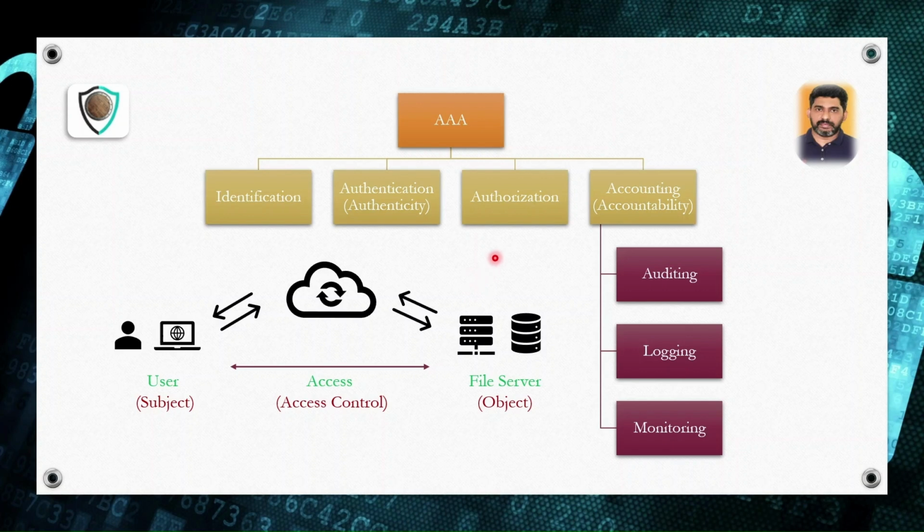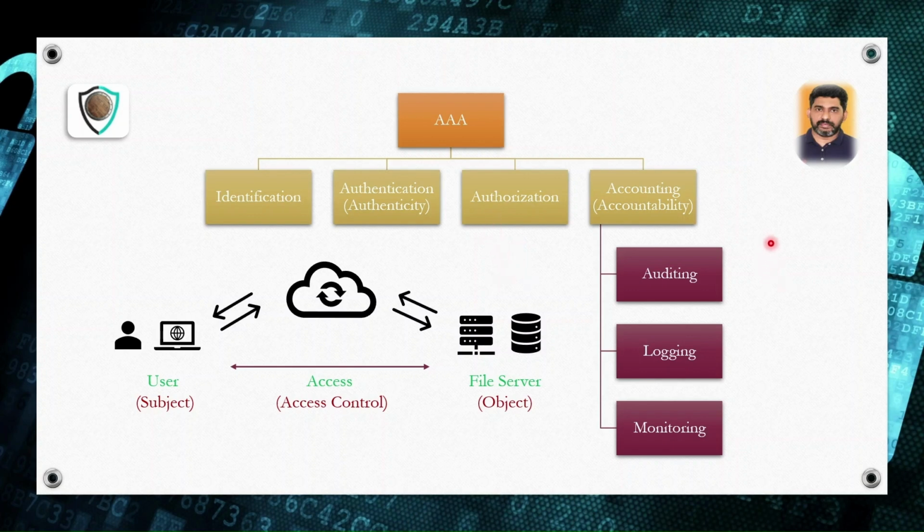That is where authentication comes into play. An example of authentication is the use of passwords. Password is used to confirm that the user who is submitting the username is the actual owner of that particular username.